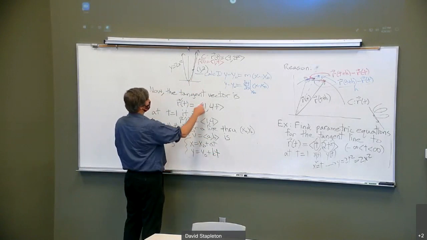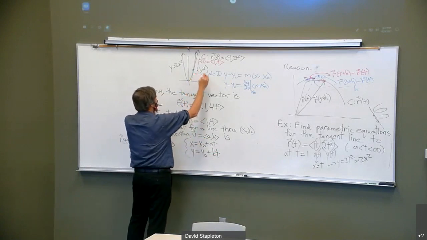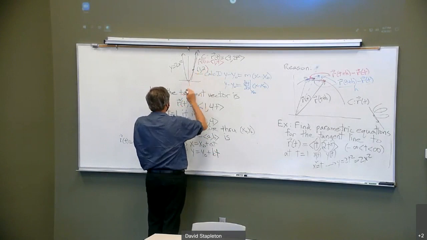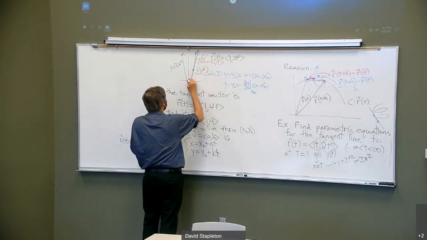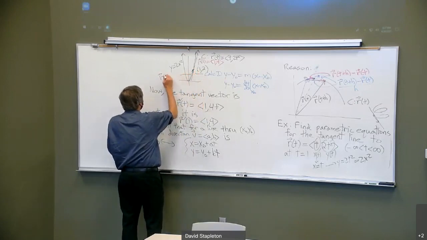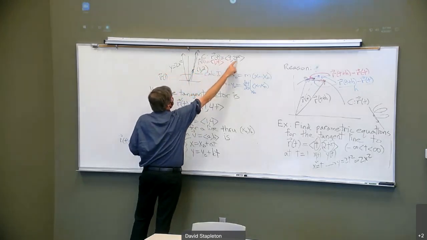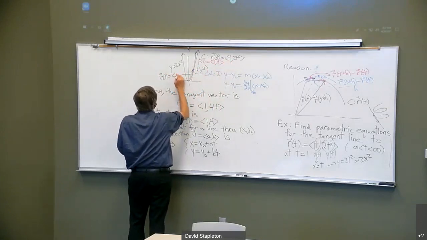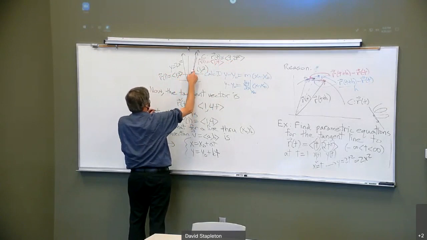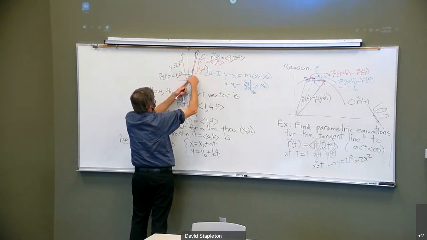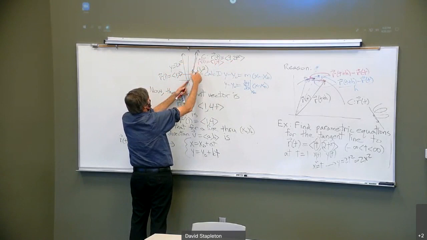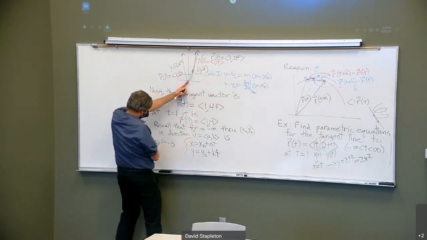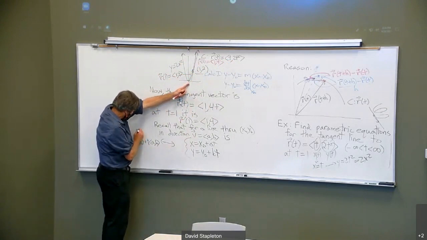Well, we know that it goes through this point 1, 2, because r of 1, we just put 1 into r and get 1, 2, right? That's the point of tangent. Remember, the endpoint of r sweeps out the curve; at t equals 1 this is where it points. And so r of 1 is the position vector corresponding to r0 here. We sometimes call that r0.